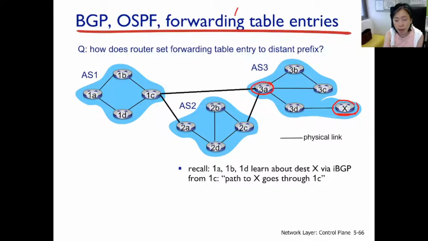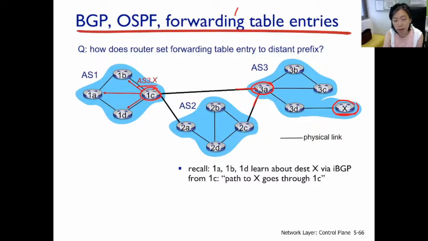3A, the gateway router of AS3, has 2 eBGP connections, therefore 1C here can potentially receive 2 AS paths. And 1C, according to example 2, chooses the shorter AS path. So let me run the animation. 1C discovers 2 paths and picks the shorter path.